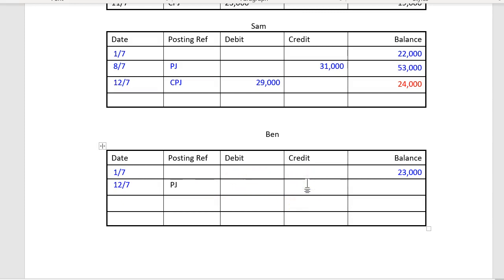They purchased $27,000 worth of goods, which brings the balance to $50,000. They also made a payment to Ben on the 14th. We write CPJ, which is 14,000. That brings the balance to 36,000.